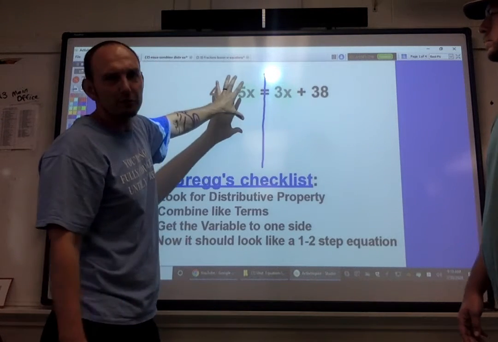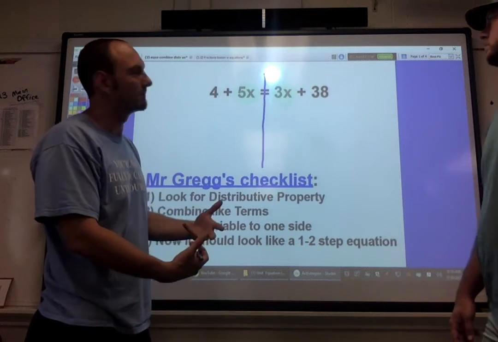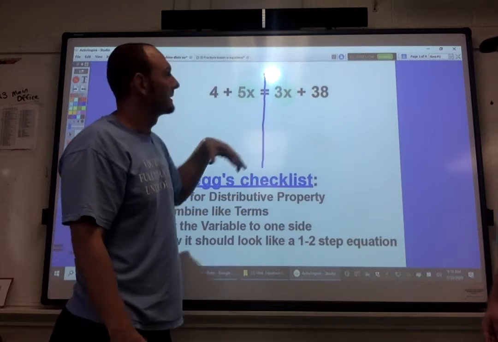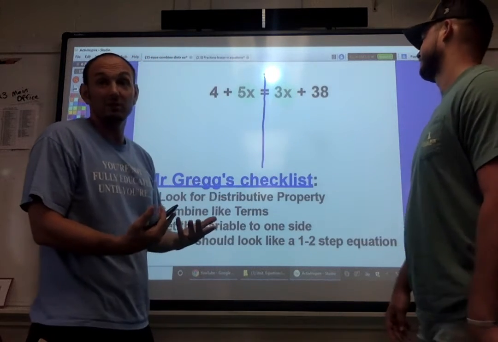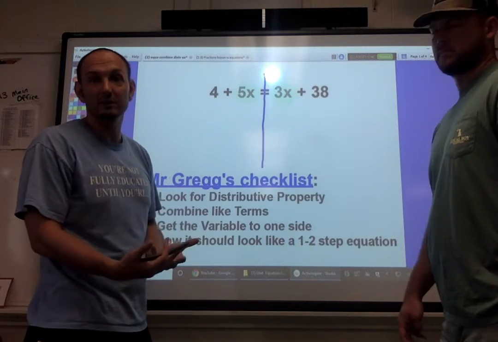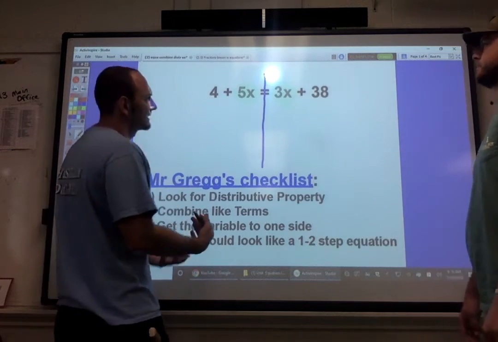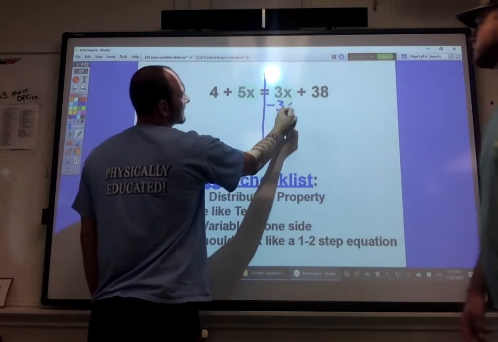If I have 5 over here and I want them to just go away, to be nothing, I will subtract 5 of them. If I have 3 over here, I could subtract 3 of them. I like to keep things positive because I don't want to deal with negative numbers. I could lose a sign, very common, because there's so much stuff involved in solving these. So I think about that. I'm going to subtract the 3x.